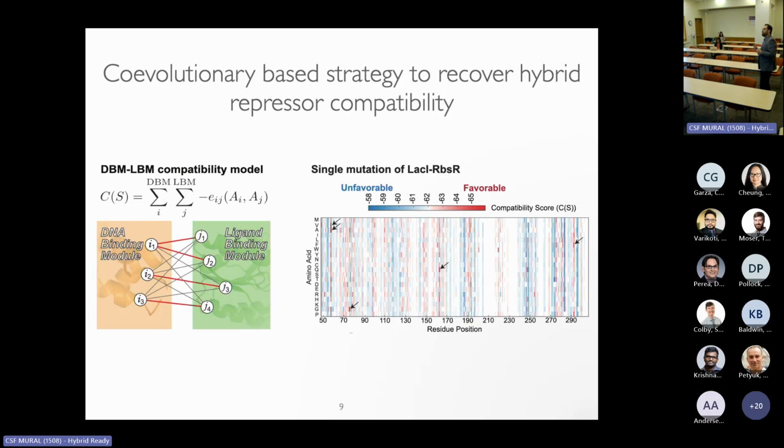The lac operon is a famous example. The connectivity is not known. That's what we're trying to infer in a way. We don't know how this allosteric communication happens, but we know that upon binding, this protein is able to bind DNA. That makes sense?